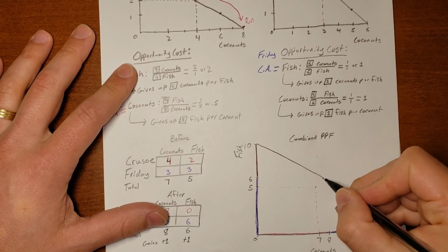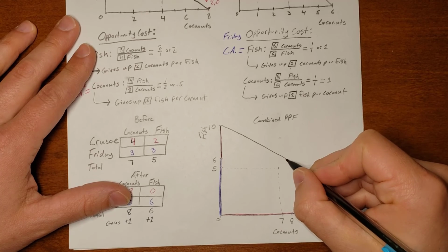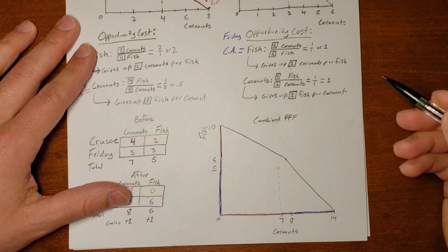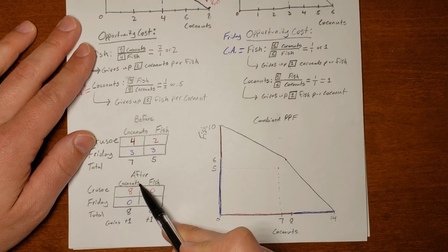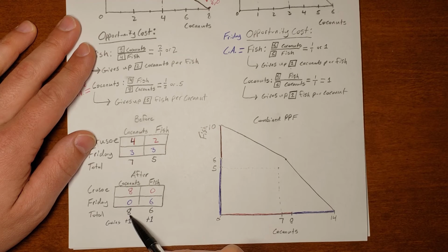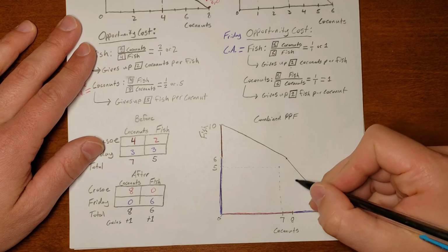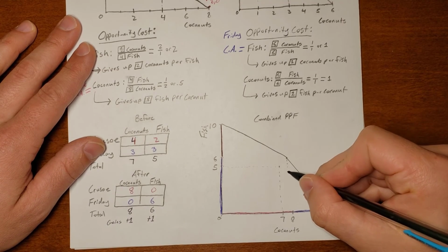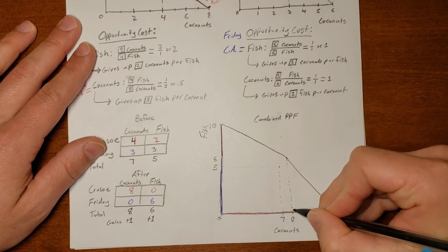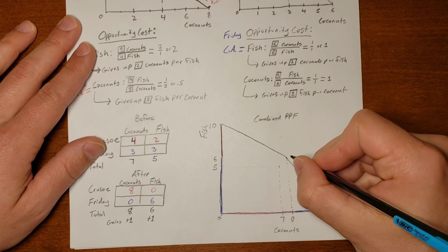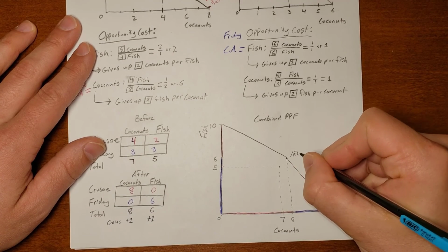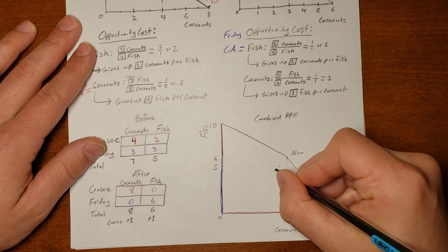So when I say bow outward, what I mean is that it's got this kink in it, right? Because remember, after specialization, the maximum number of coconuts wasn't 7, but it was 8, right? So these numbers are corresponding to the new production output. So we could just call this after, and this is before.